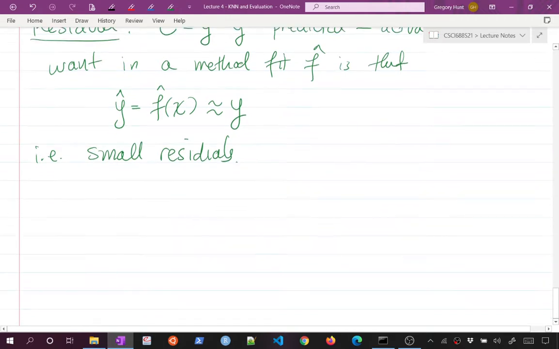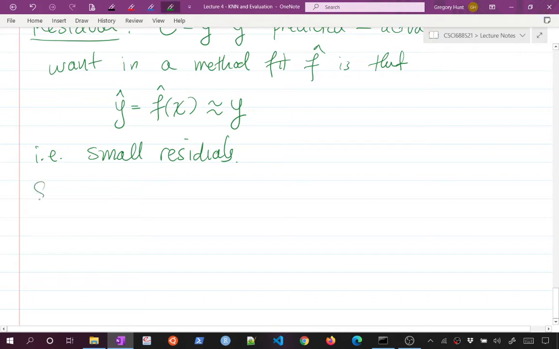And the question is, if we have n training points, how do we summarize these residuals to give us a measurement of how good we're doing?